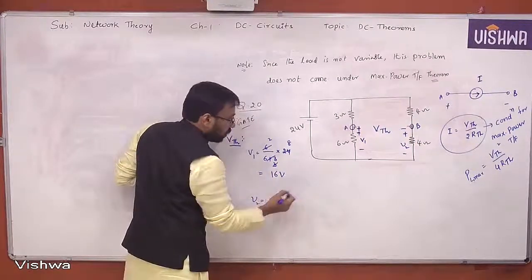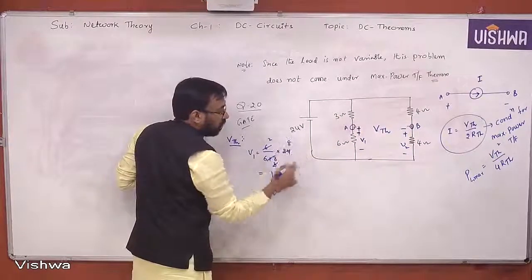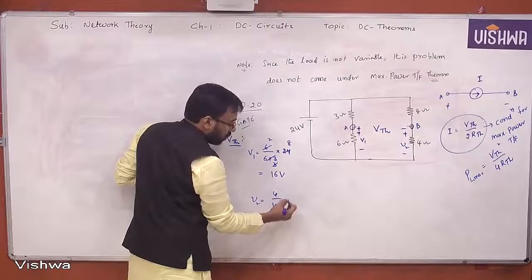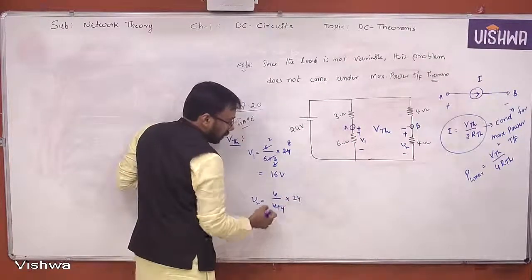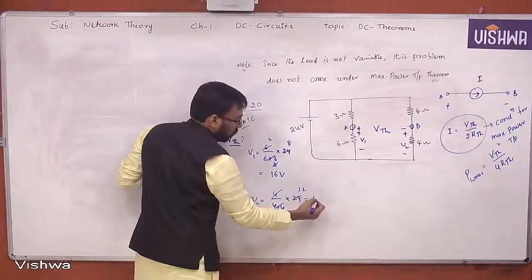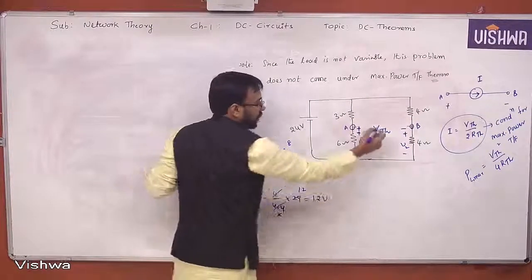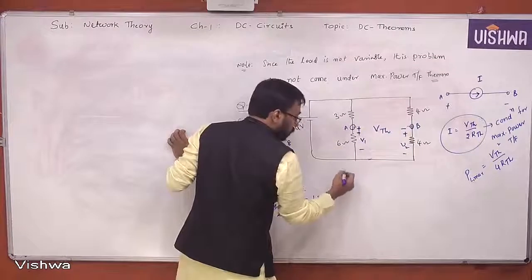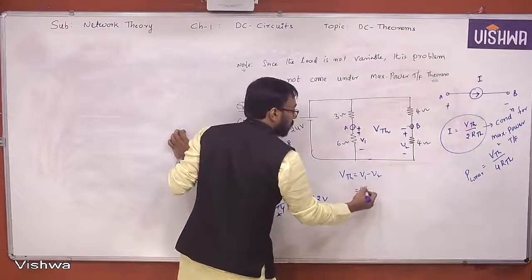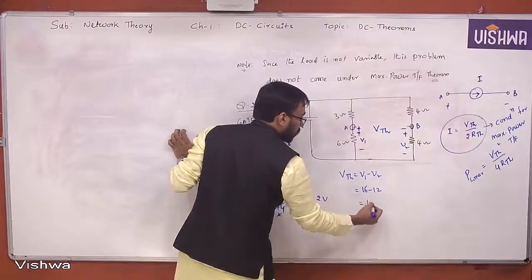V2: both are in series, 4 by 4 plus 4 into 24, that is 12 volts. And finally, VTH is equal to V1 minus V2, yes or no? 16 minus 12, that is 4 volt.